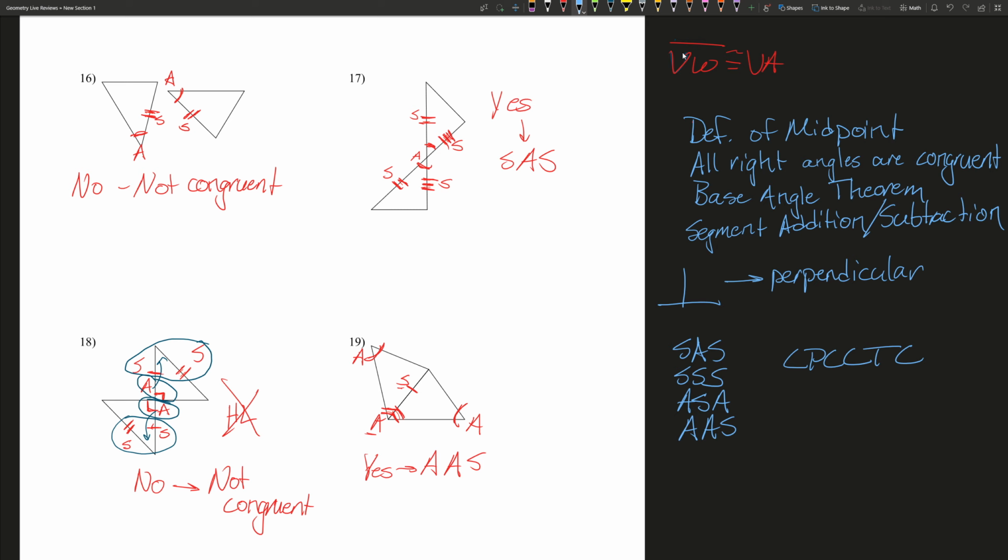There shouldn't be a second C in there. CPCTC. Corresponding parts of congruent triangles are congruent. So if you ever prove that two triangles are congruent and you're trying to prove that another side that you didn't know is congruent, you would use that.